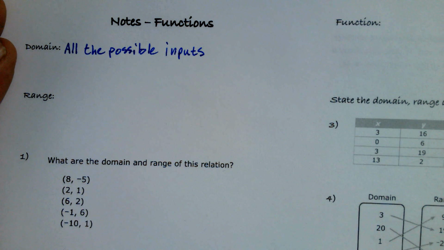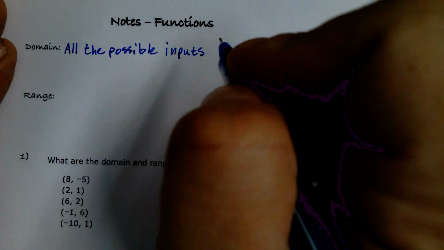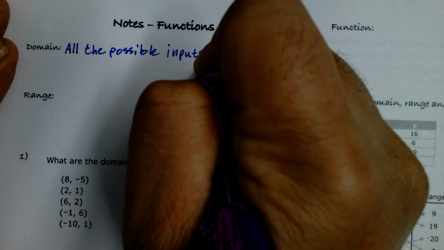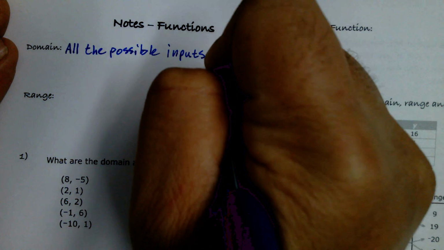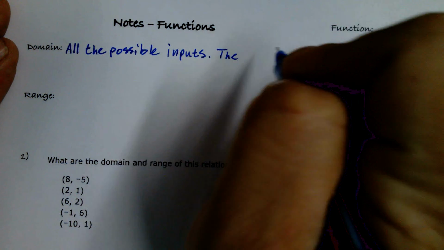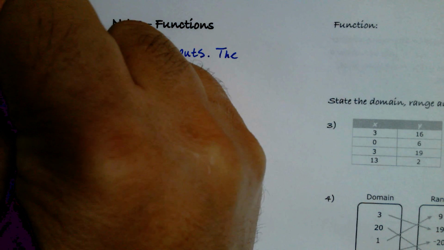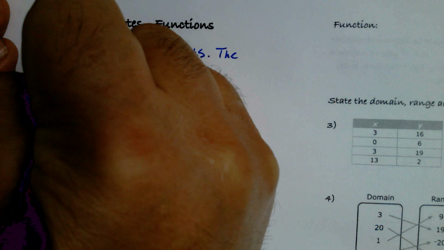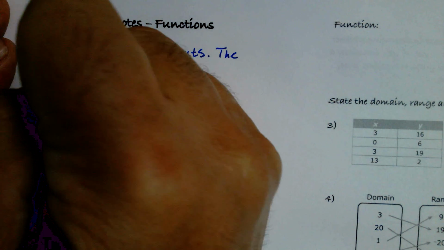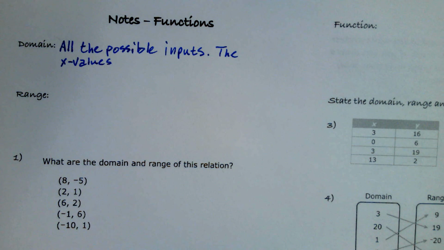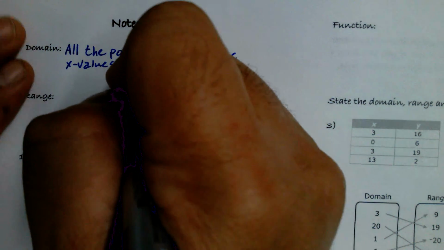And when we have a coordinate plane, it's the x values. If I have a coordinate plane, you know how we have an ordered pair?